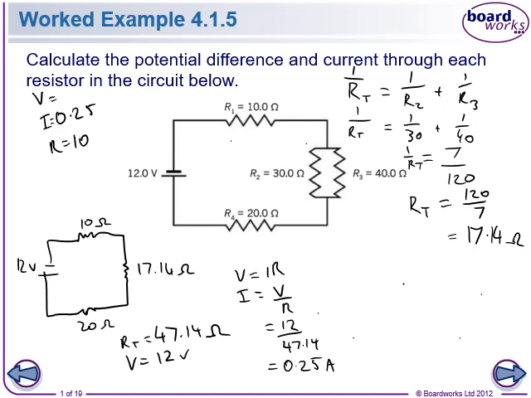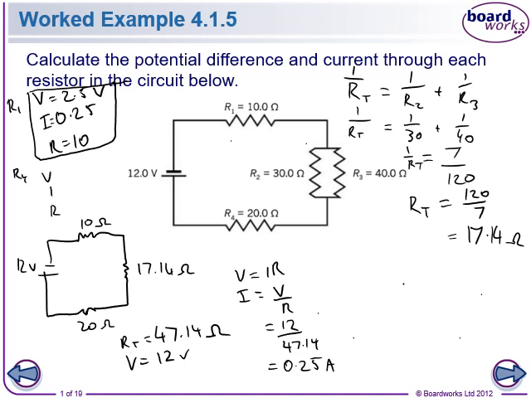Okay, so our voltage is going to be 0.25 times 10, so our voltage there will be 2.5 volts. I'll just put R1. Okay, R1's there. This is going to get really squashy at some point. R4, I'm going to put down here as well, but I'm going to write small.